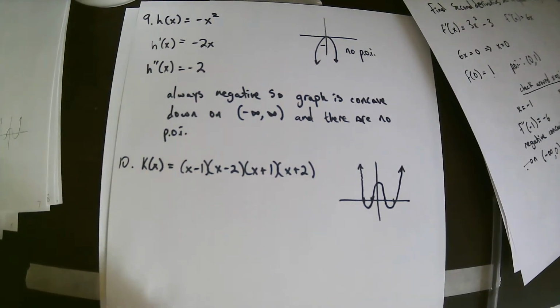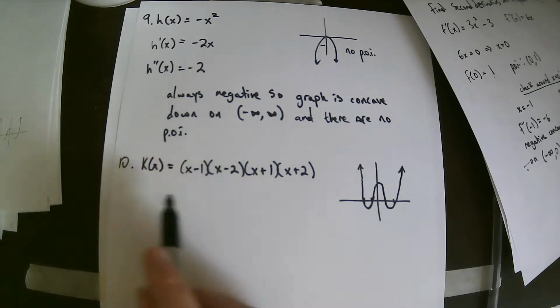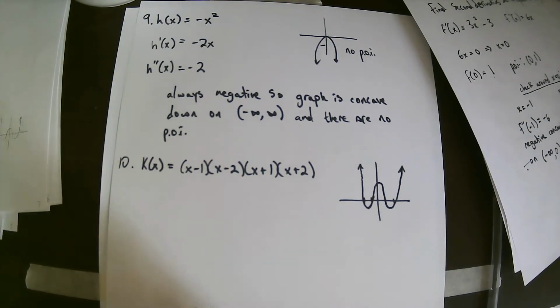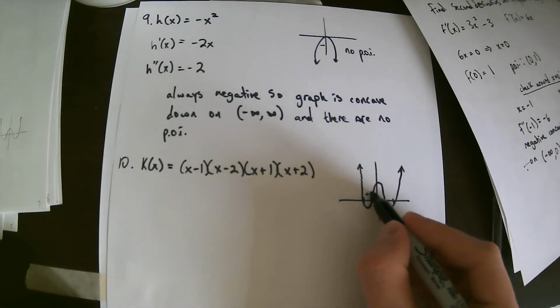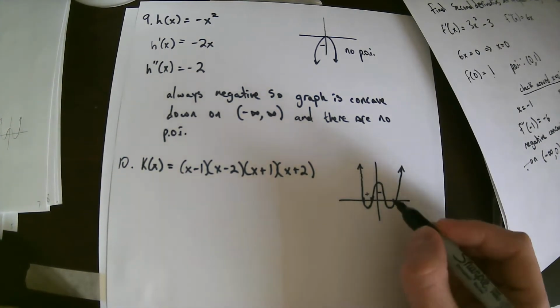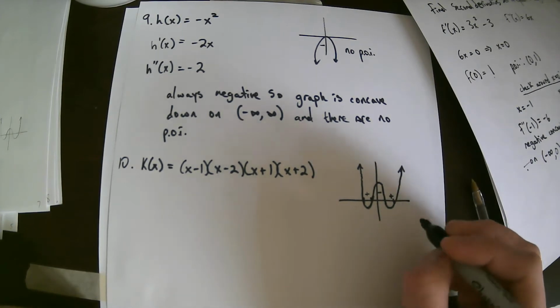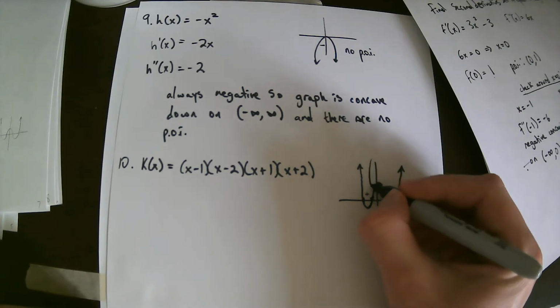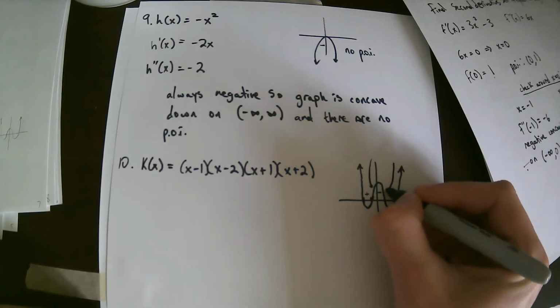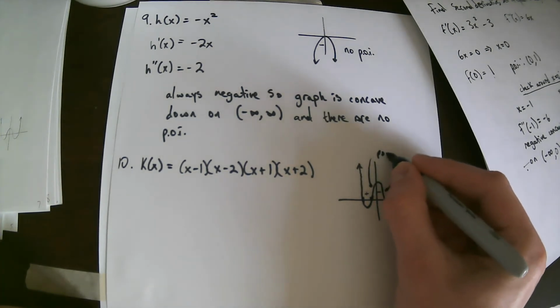Okay, so if we're really fresh on our pre-cal graphing of high-degree polynomials, then this is all we need, because now we have a picture and we can say, okay, positive concavity here, negative concavity here, positive concavity here, meaning there should be points of inflection right there somewhere and right there somewhere.